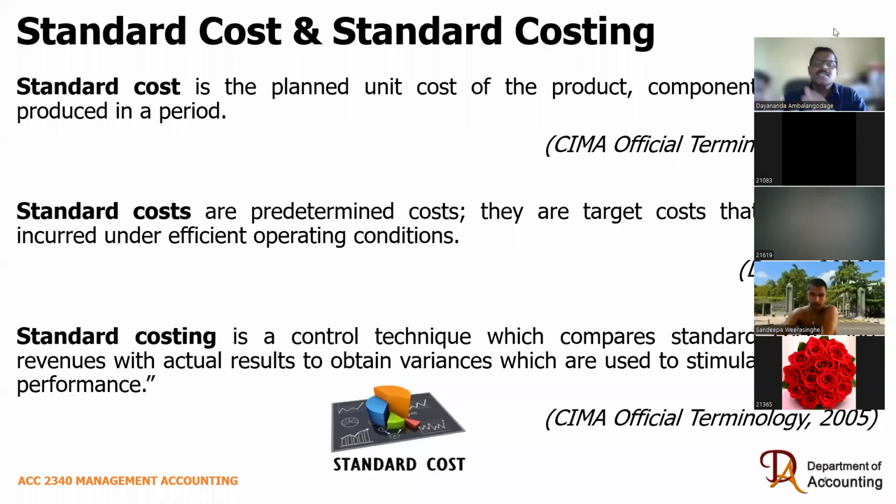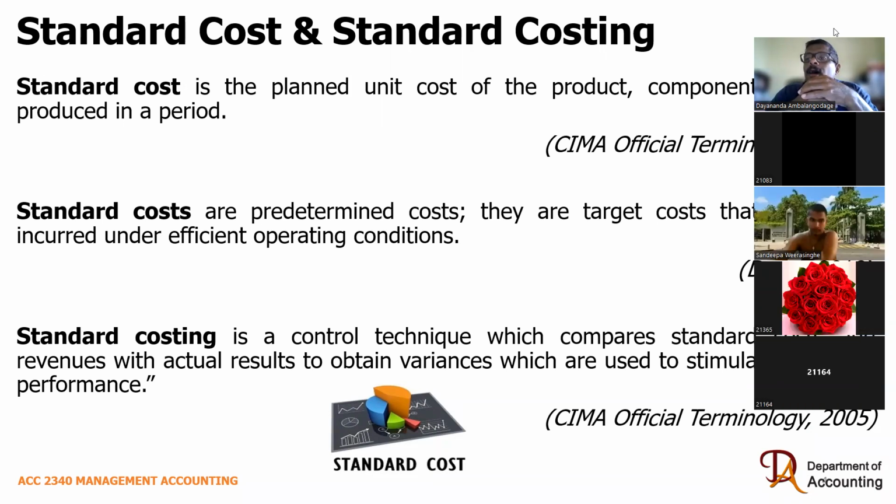So what is important in the second definition is that when you say standard cost, we will be developing the targets or the predetermined cost, assuming that our business, the factory, is going to operate, for example material is going to be used, labor is going to be used, production overheads, resources going to be used in efficient operating conditions.